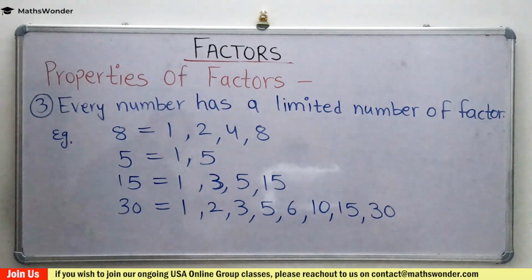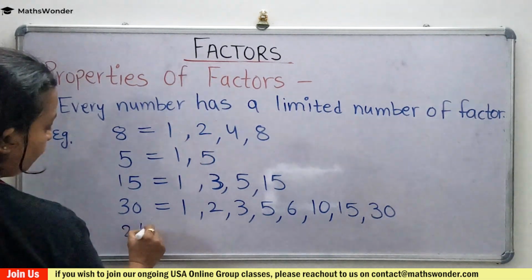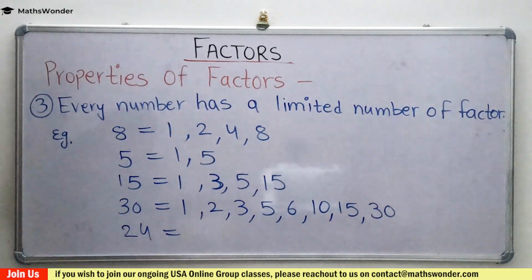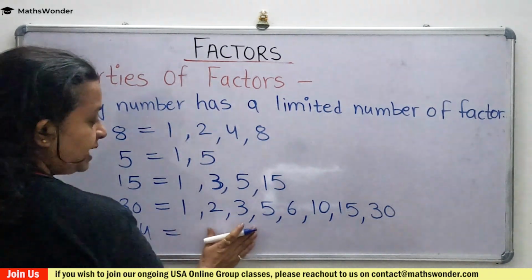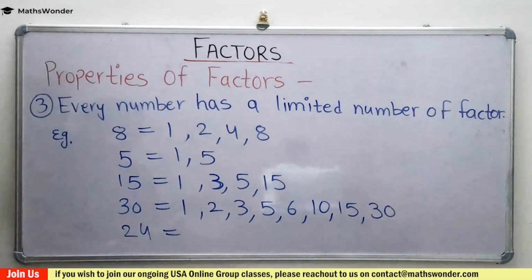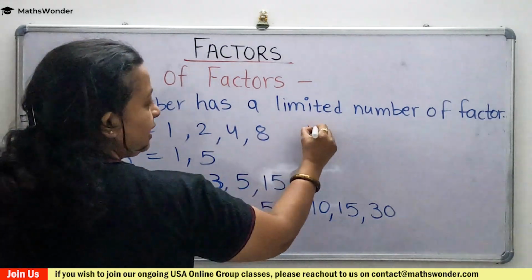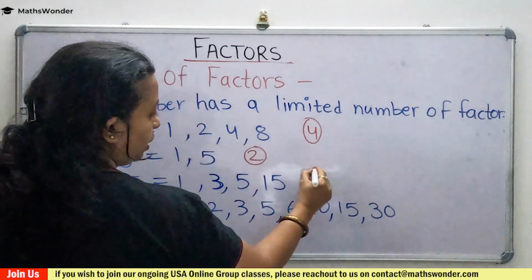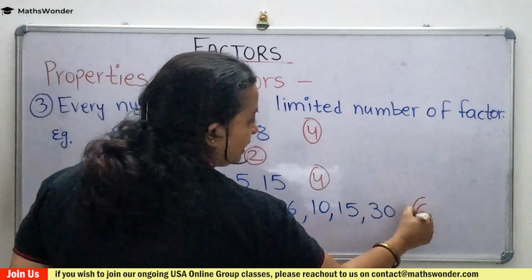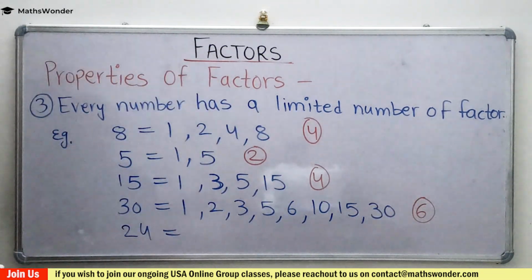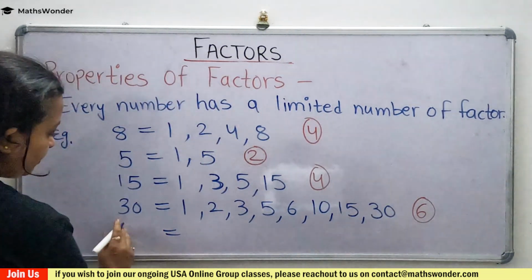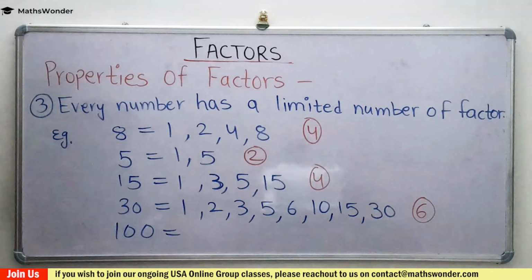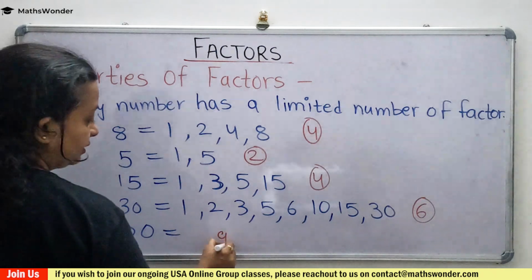They can be counted, like 24. If you find the factors of 24, you will get 8 factors. In this, how many factors? 4. How many factors? 2. How many factors? 4. How many factors? 6. When you find the factors of 100, it will be 9 factors.